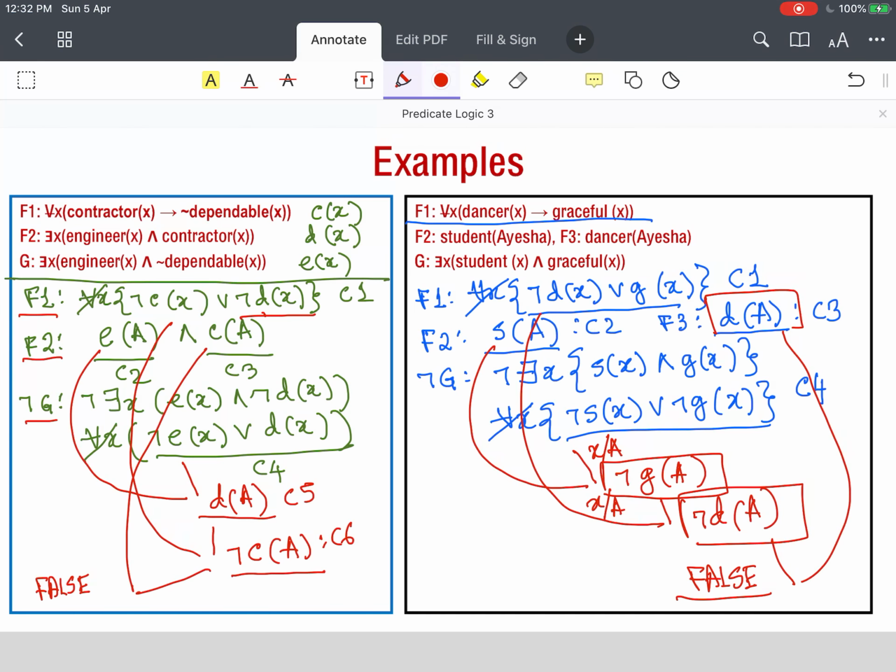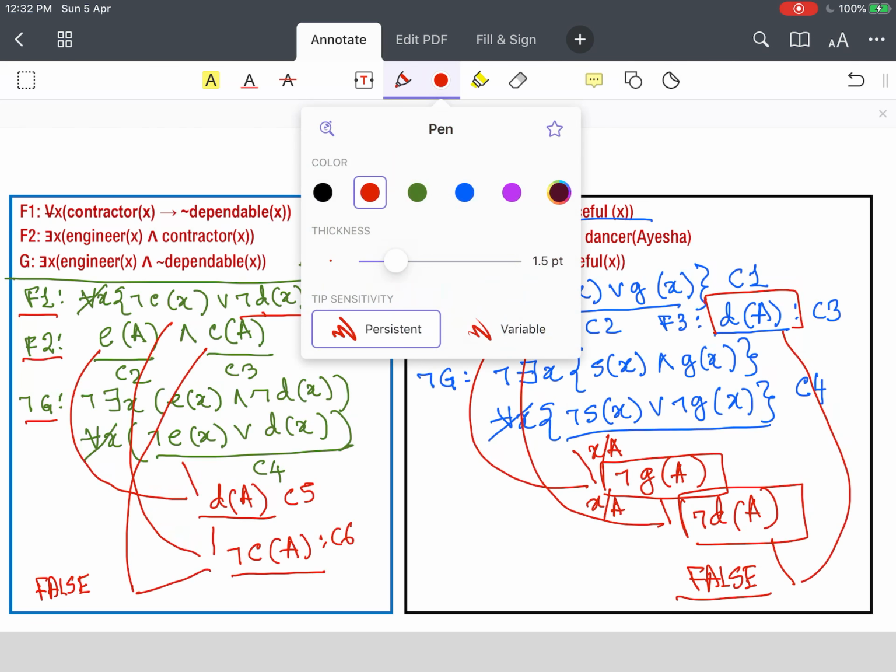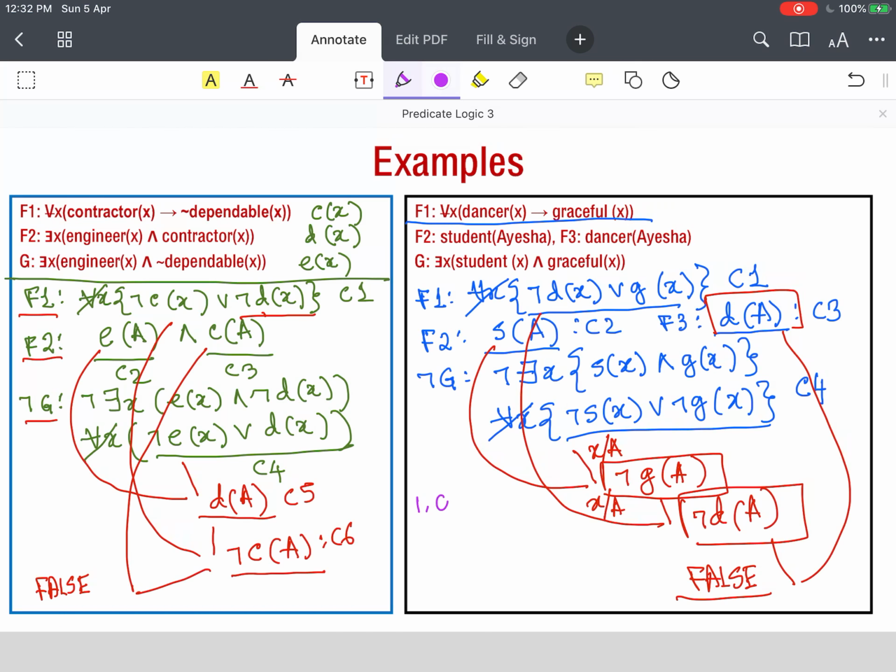So we see that in predicate logic, the resolution refutation method is working in the following way. It does the following steps. 1. Convert to clausal form. We defined how the 6 steps will convert it to clausal form.